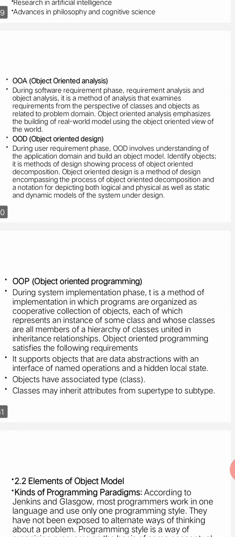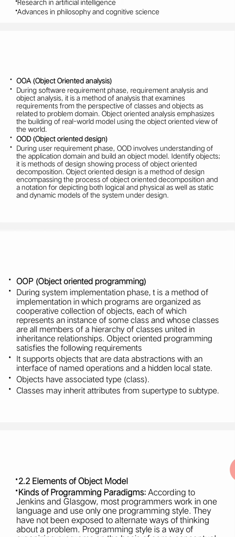Coming to object oriented design. During the requirement phase, object oriented design involves understanding the application domain. Previously we discussed what the requirements are for the problem domain. After that we have to design.